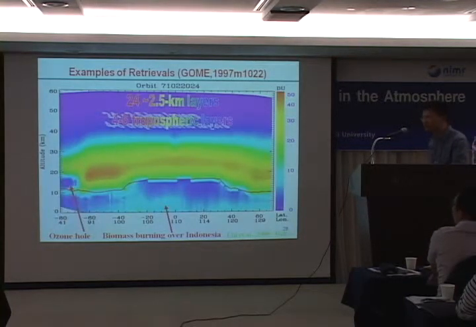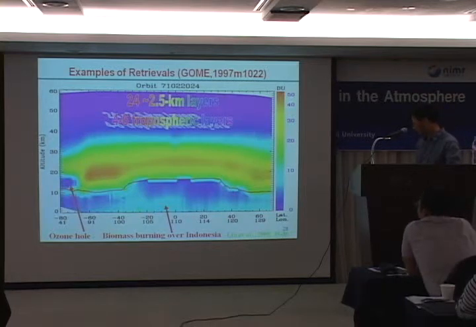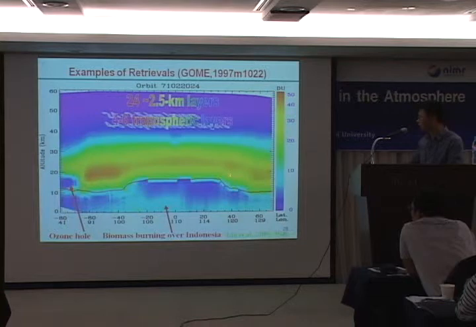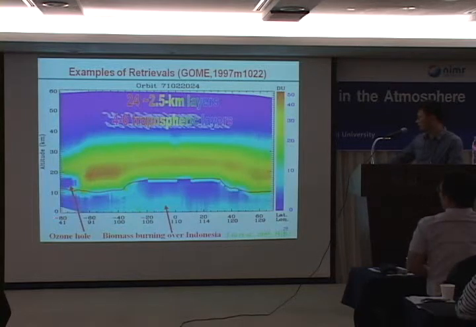Here I first show some pretty pictures. I'm showing an orbit of retrieved ozone profiles from GOME. They are retrieved at 24 layers, and this red line is the tropopause. We can see the vertical distribution from the South Antarctic to the Arctic region.